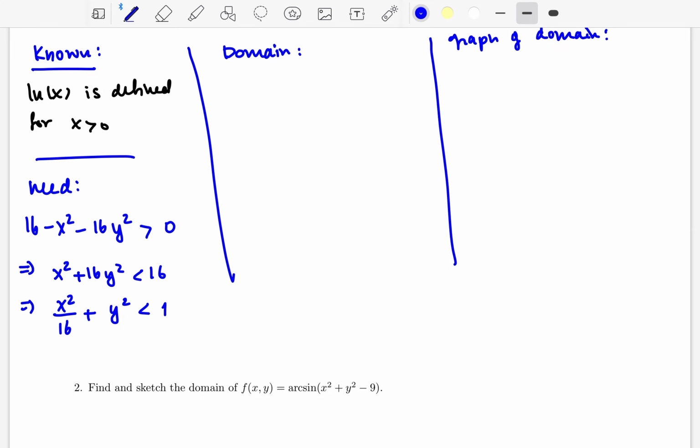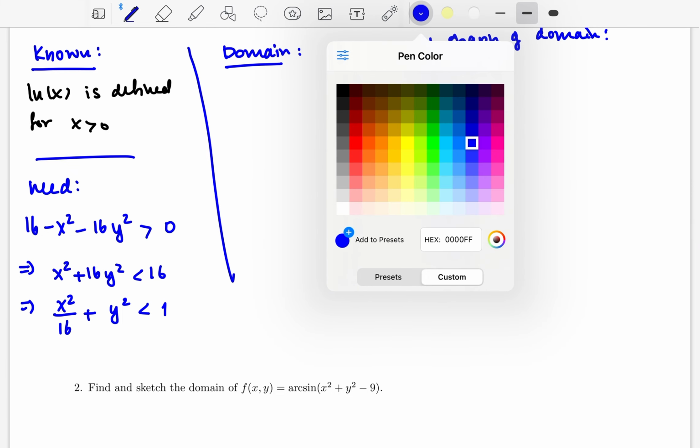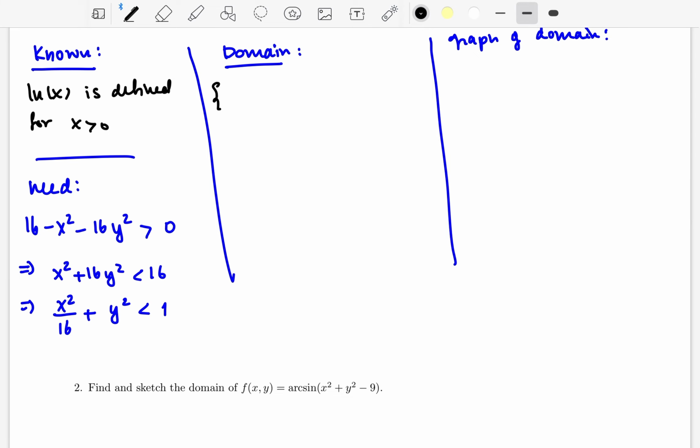So what does that mean? It means that the domain, algebraically speaking, is the set of points x, y in R2 such that x squared divided by 16 plus y squared is less than 1, okay?